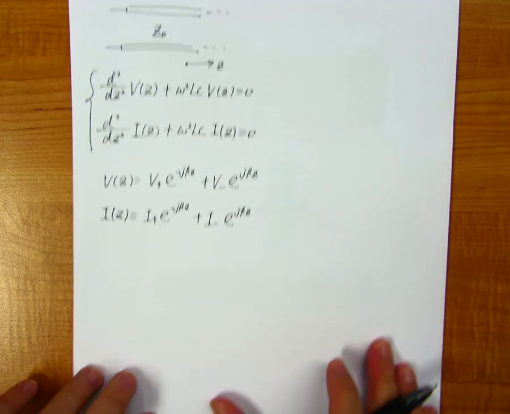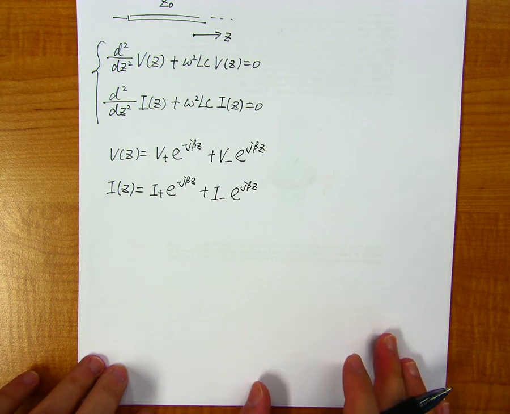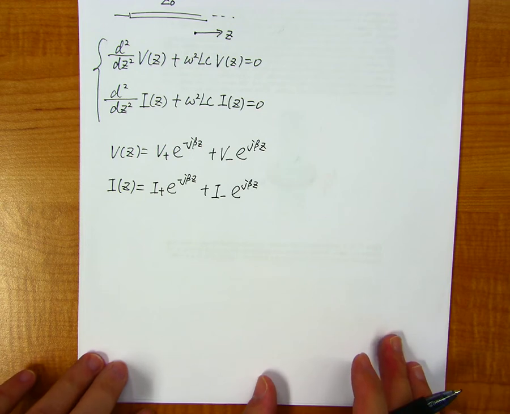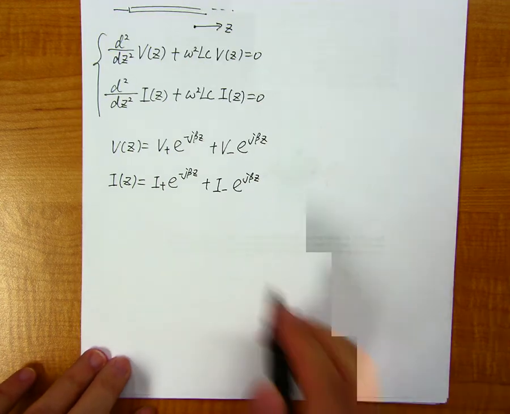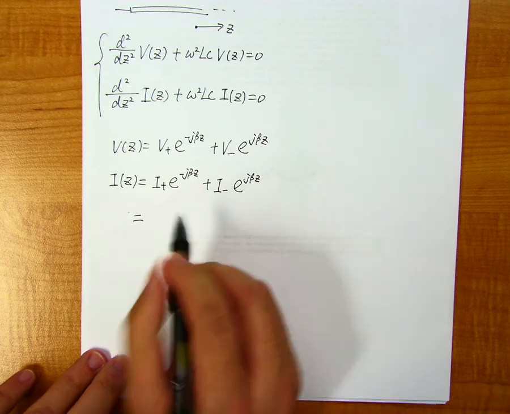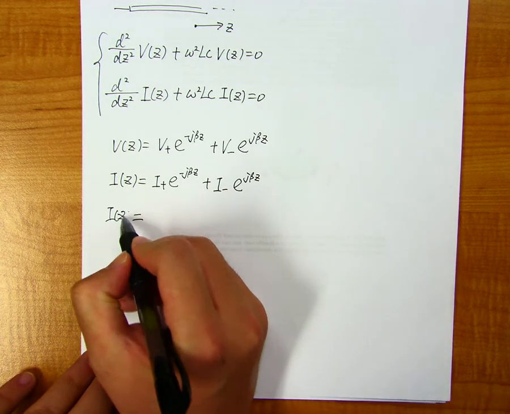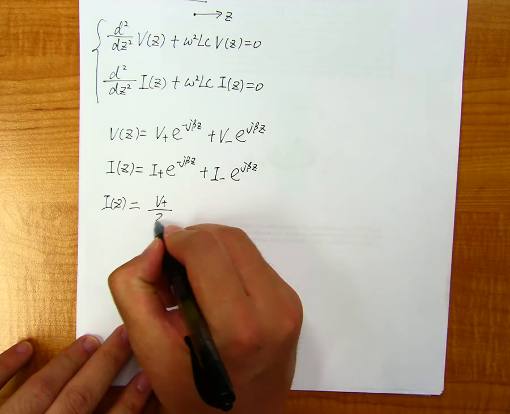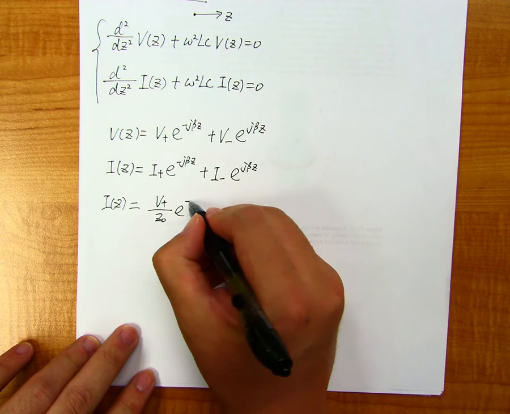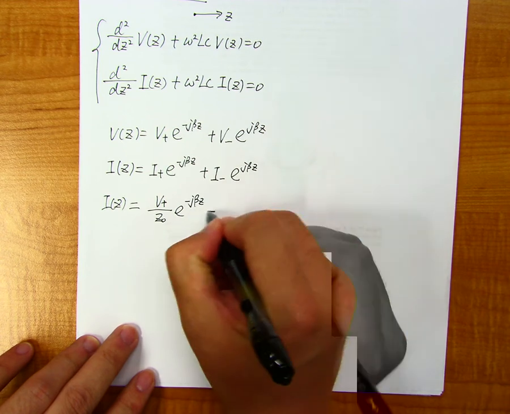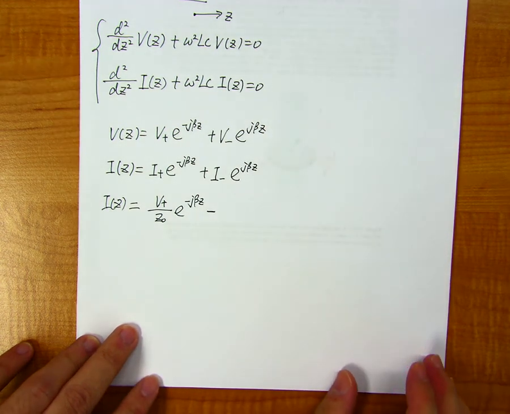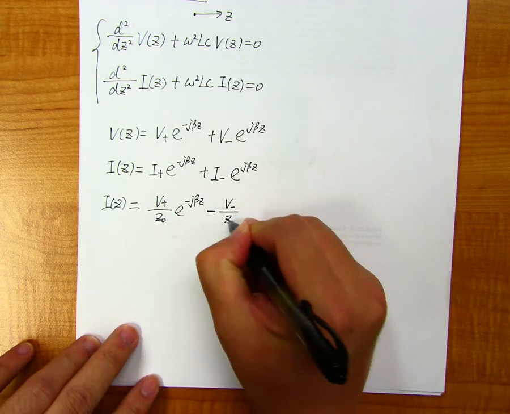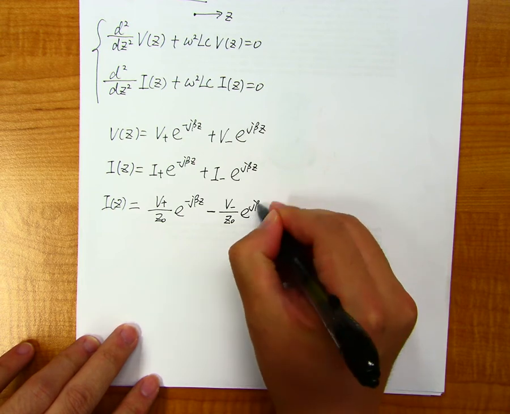So we can determine the relation between the voltage and the current by this characteristic impedance, which means this current I of z can be written as V plus over Z0 times e to the negative j beta z, minus, for the left traveling wave we have a minus sign here, V minus over Z0 e to the j beta z.